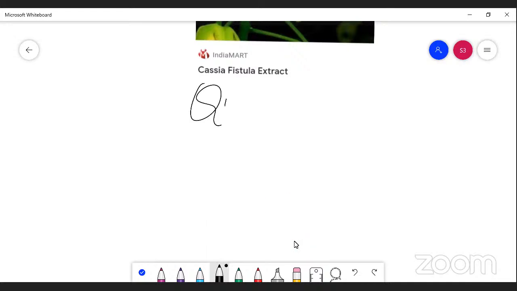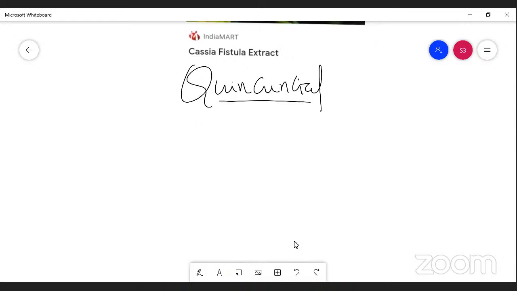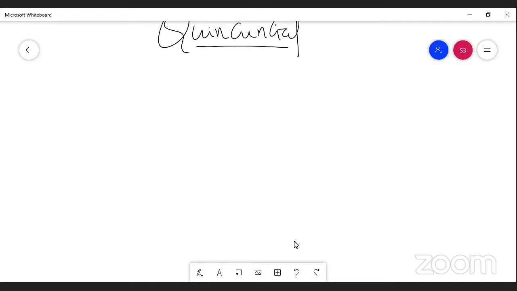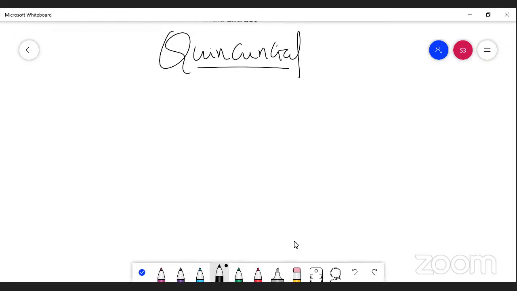Quincuncial type. It is a type of aestivation. Yes, student, I'm going to show you the picture so that you can understand easily, right?